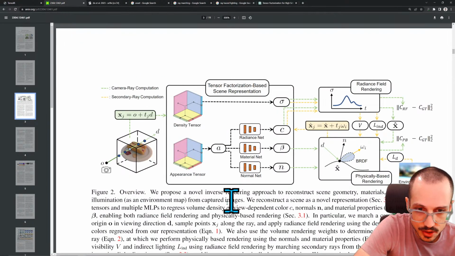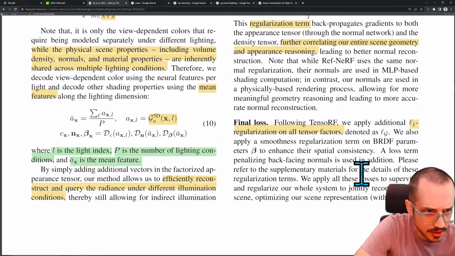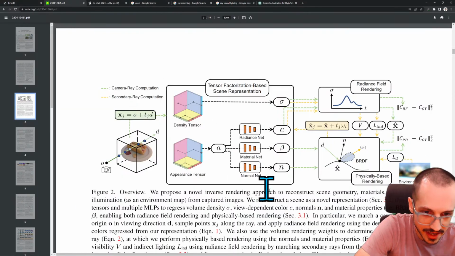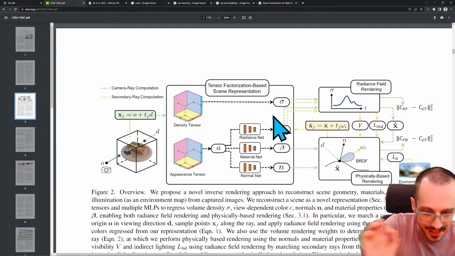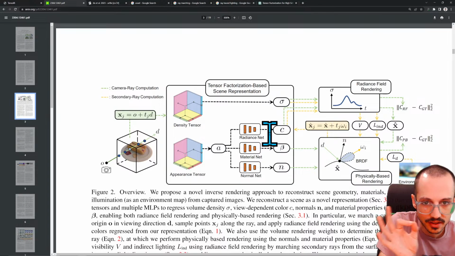So they have an additional regularization loss somewhere on these density tensors and appearance tensors. We also apply a smoothness regularization on BRDF parameters beta to enhance their spatial consistency. So they have an additional loss to this beta term, where basically the betas should be similar as they move around.